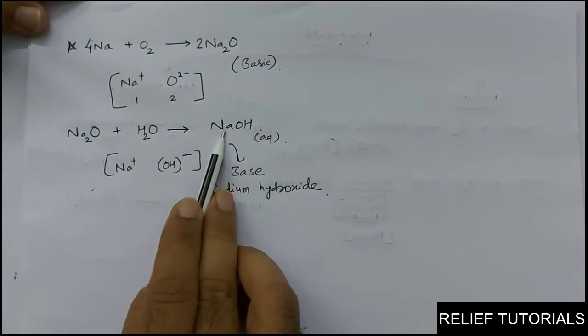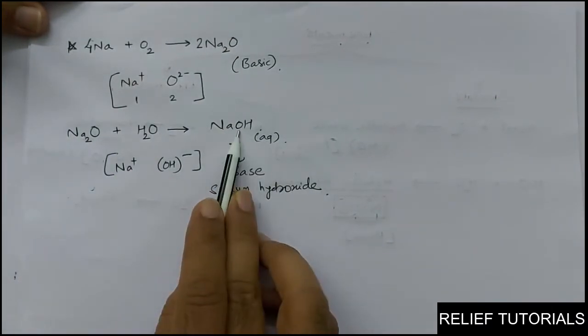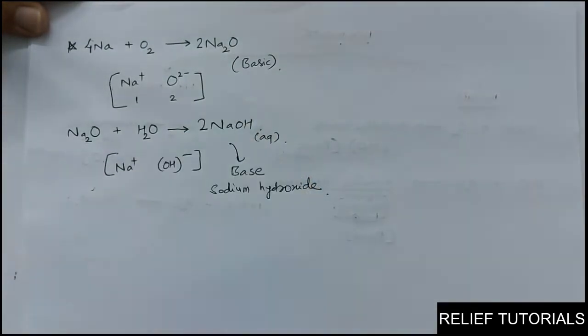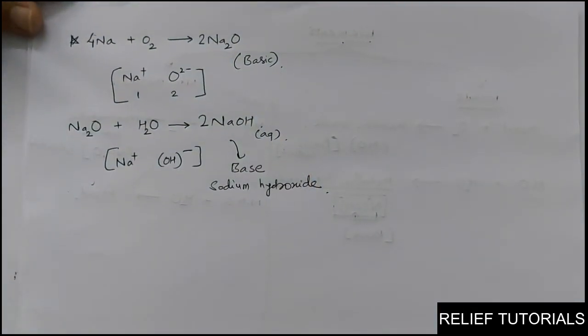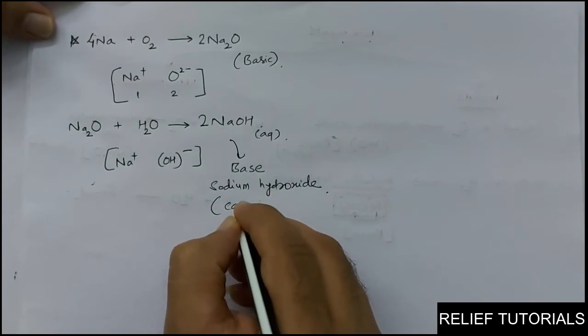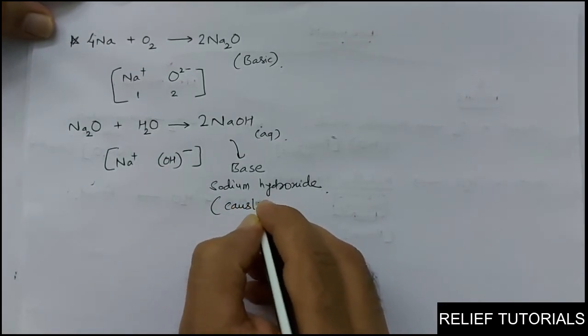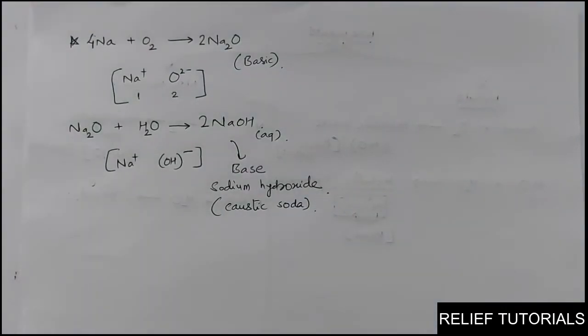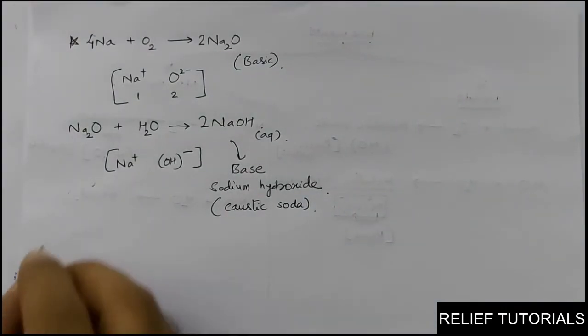Na2, Na1, O2, O1, H2, H1. So I think 2 here will make the equation balanced. This is the way we have formed the sodium hydroxide base. The common name for sodium hydroxide is caustic soda.